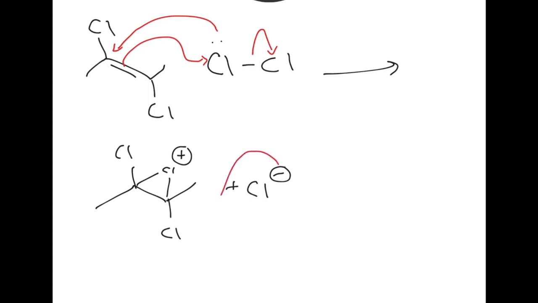So I'm going to add to the carbon, break that bond. So this is basically doing that halogenation of an alkene mechanism. We're effectively just doing it twice. But we're not having to worry about the stereochemical outcome because I don't make any chiral centers in the end.